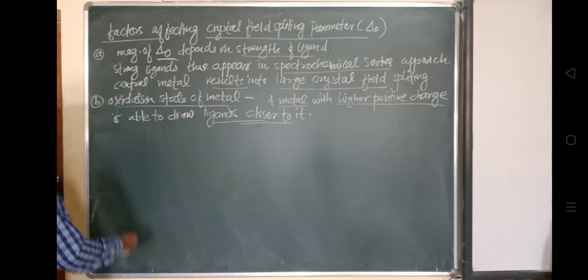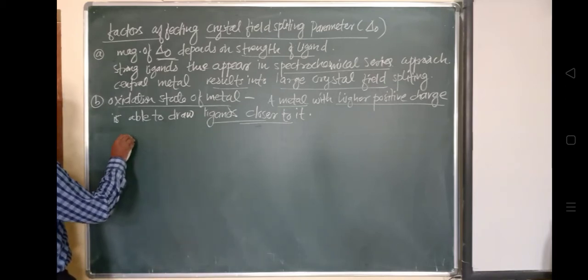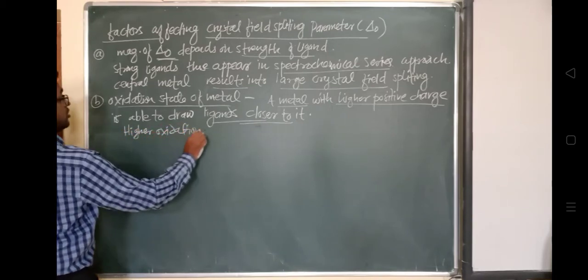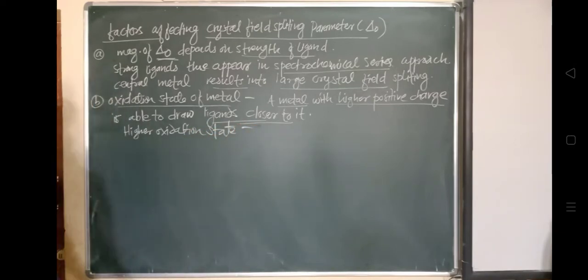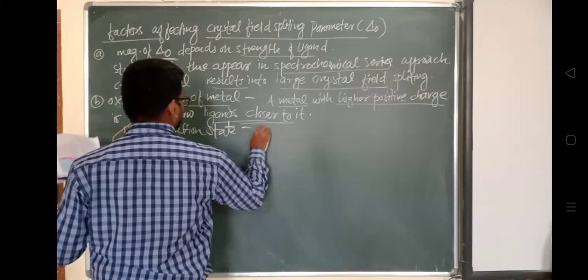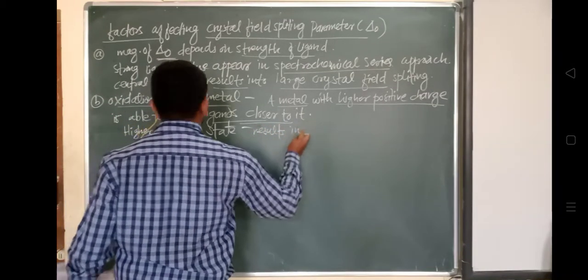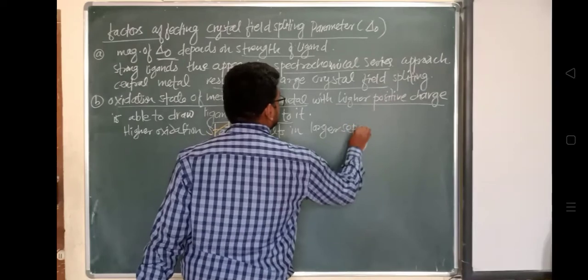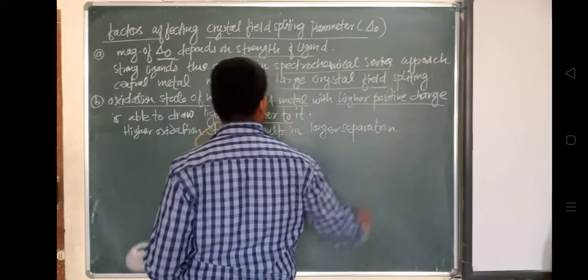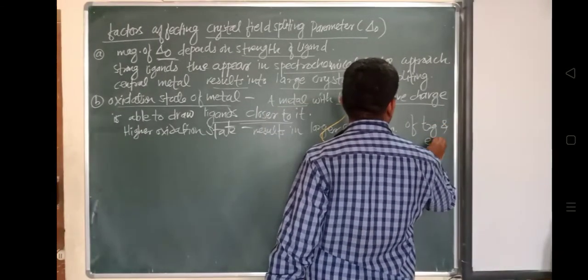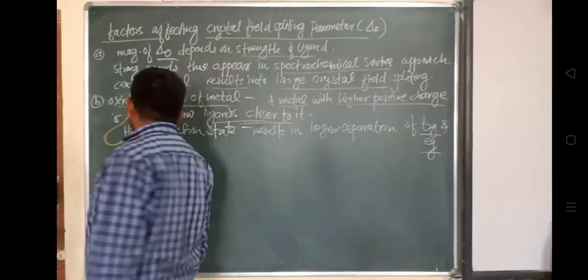So with a higher oxidation state, there will be a larger separation between T2g and Eg. These are the two sets, and the difference between them will be greater in that case.